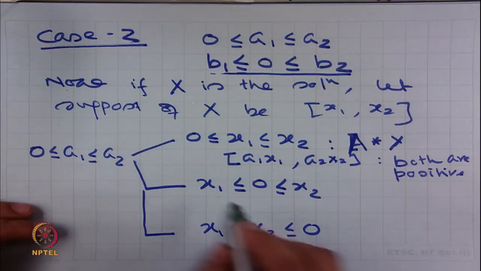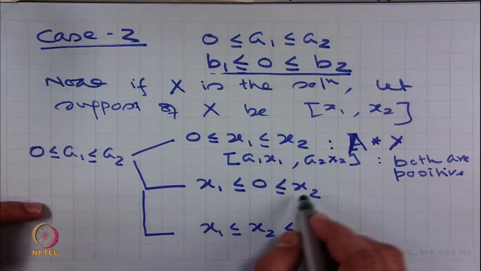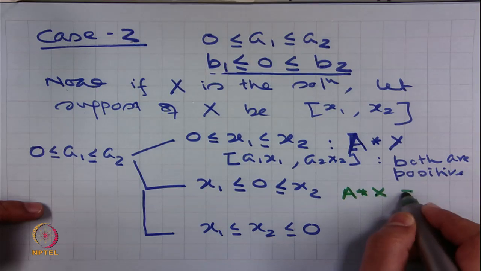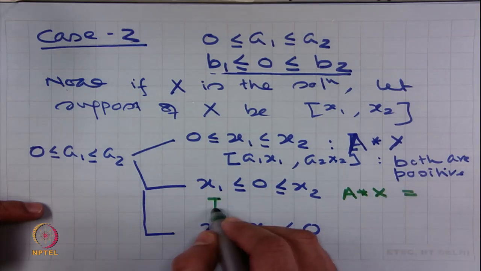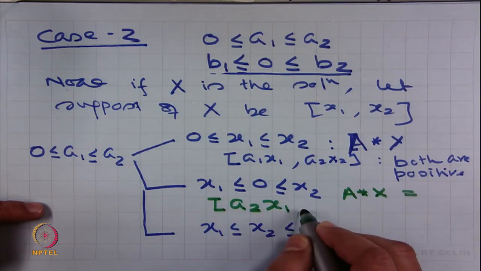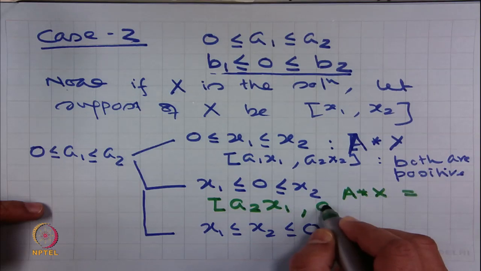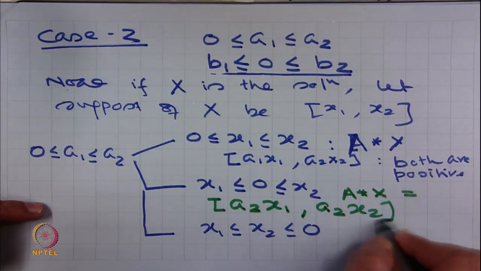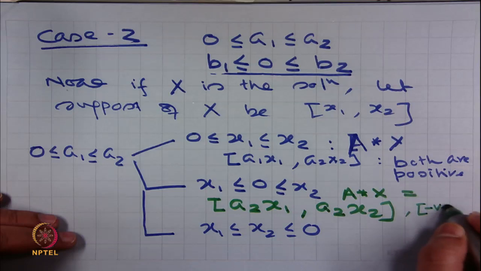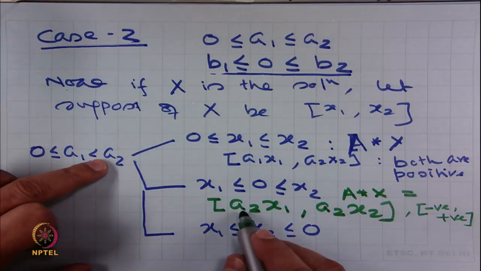In this case, when A1 and A2 are positive and x1 is negative and x2 is positive, then A star x can have this interval, which is A2 x1, A2 x2, and we can see that it is negative to positive, because x1 is negative, therefore, A2 x1 is negative.